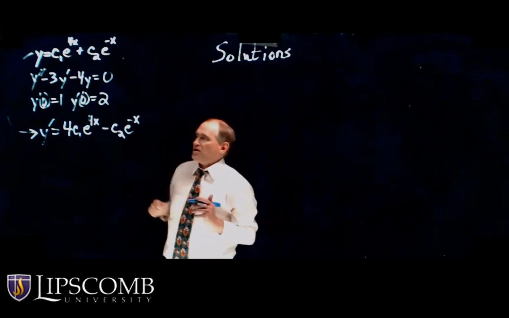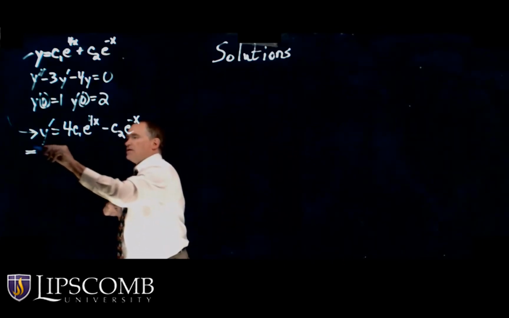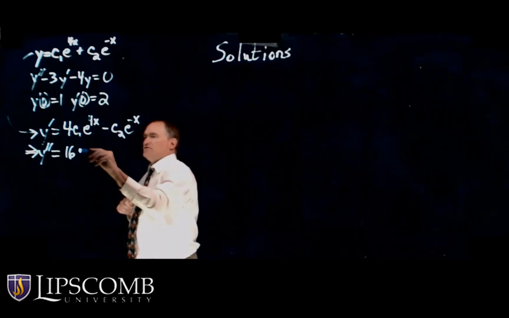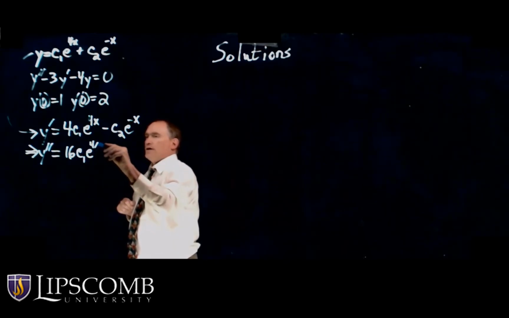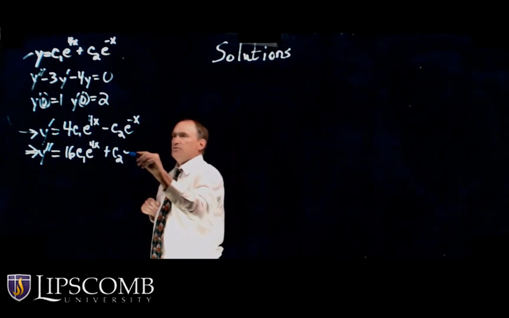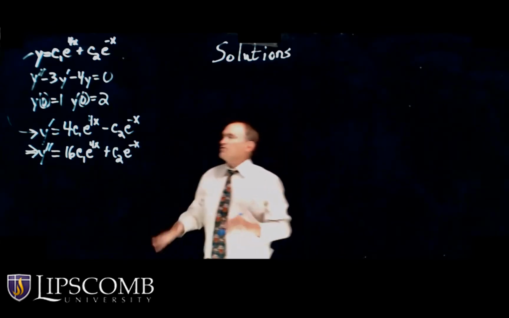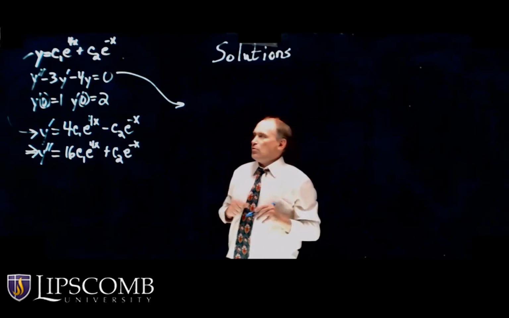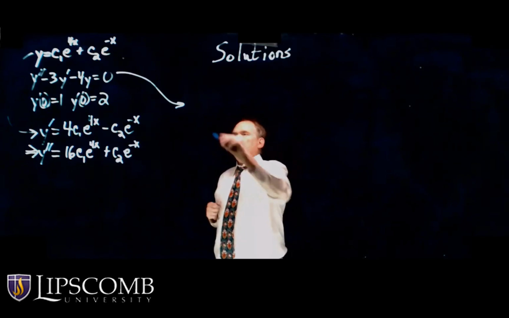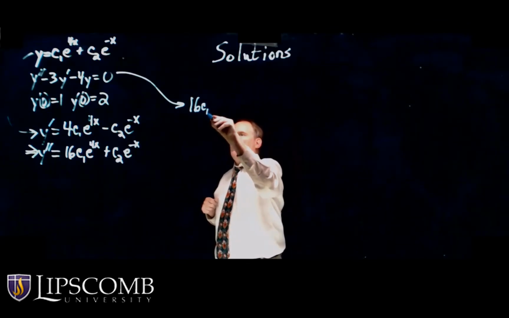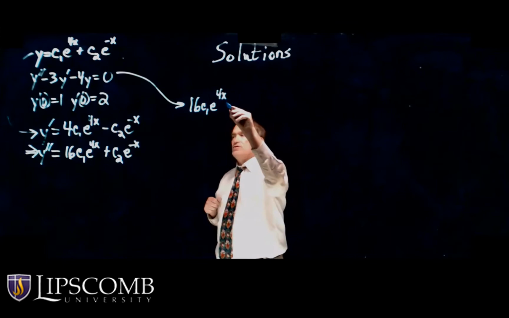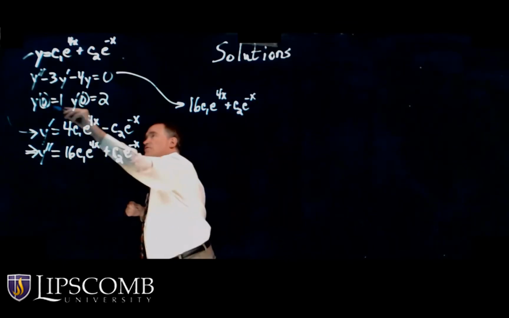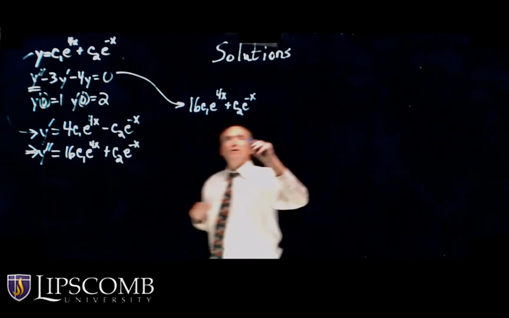Now, since I have a second derivative, let's take the second derivative. That would be 16 C1 e to the 4x plus C2 e to the negative x. What I want to do with these is plug them into this differential equation. So this would be 16 C1 e to the 4x plus C2 e to the negative x. That's the y double prime right there.